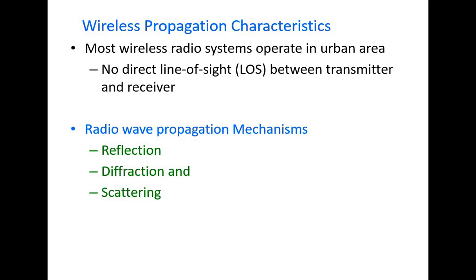So the radiated signal will reach the receiver on the direct path, or we can say direct path signal. And about radio wave propagation mechanisms, we need to consider three things basically: reflection, diffraction, and scattering. These three are the things which we normally consider.